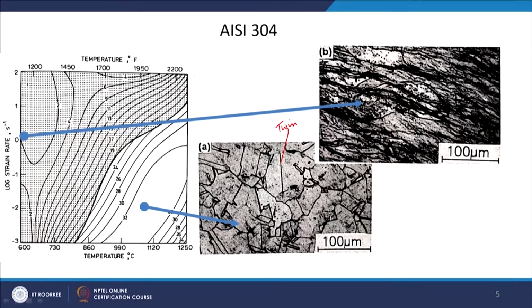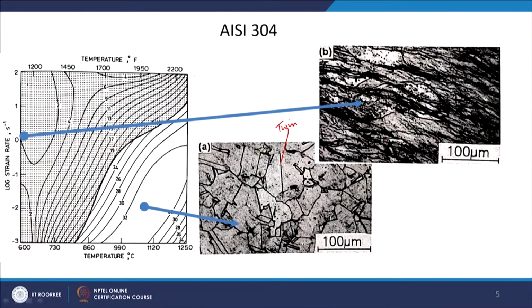Flow localization means the deformation is concentrated in a few weak areas of the material. So, that is what you can see here, flow localization in the material, whereas in this microstructure I do not see any defect like that.